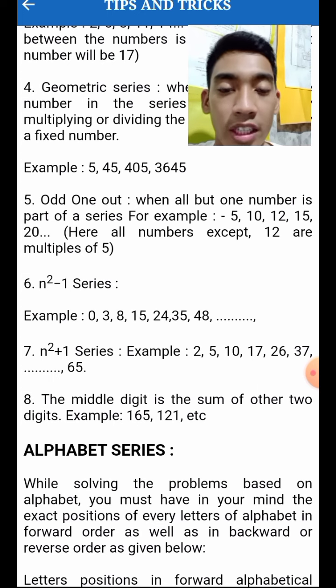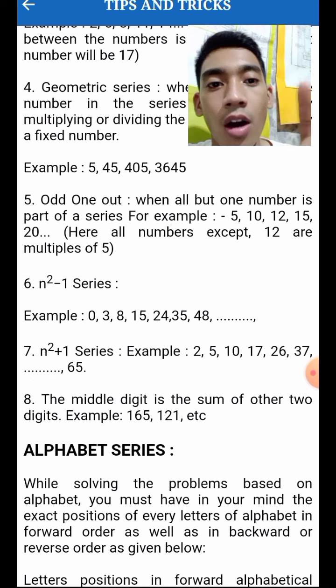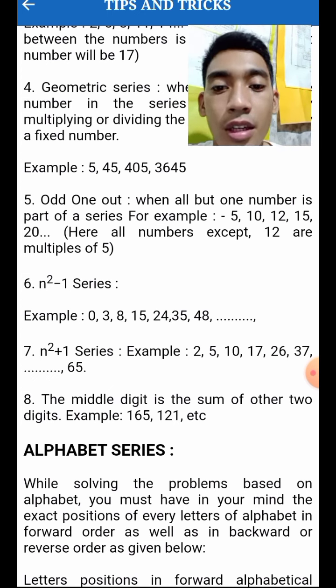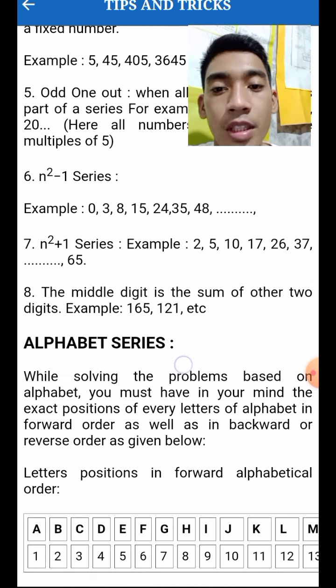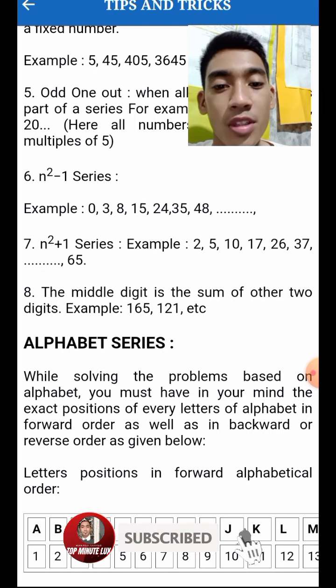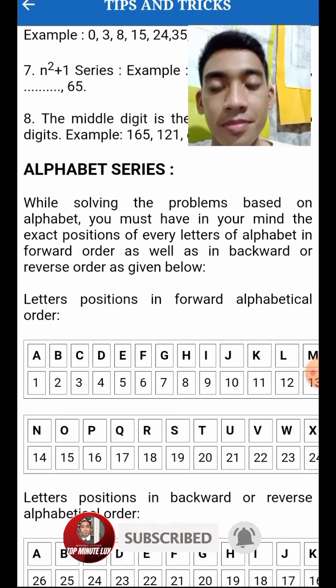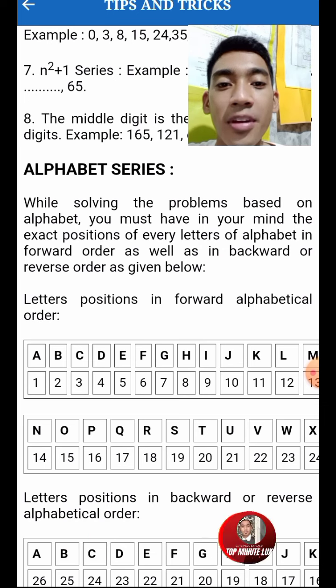Odd one out, wherein there is a series pattern but there is an odd one, like here, 5, 10, 12, 15, 20. The series here is multiples of 5 but 12 is the odd one. And the n squared minus 1 series and also the n squared plus 1 series. Let's go with alphabet series.